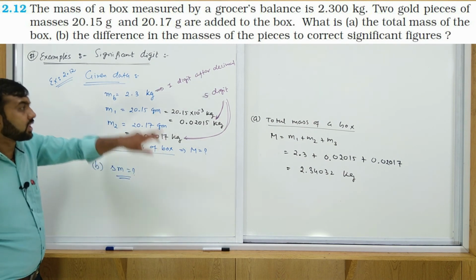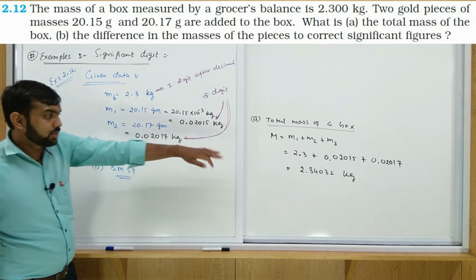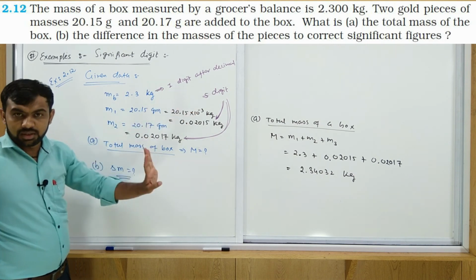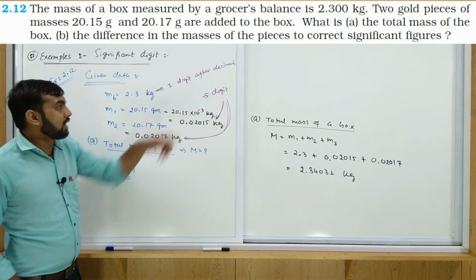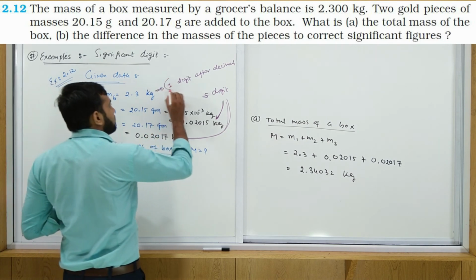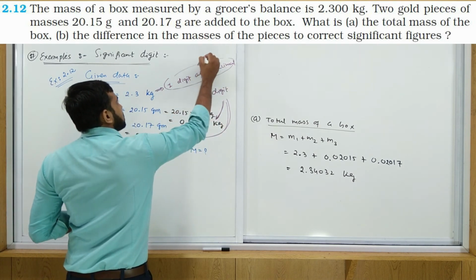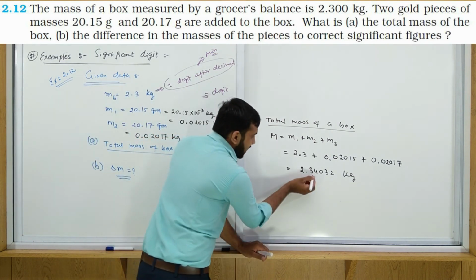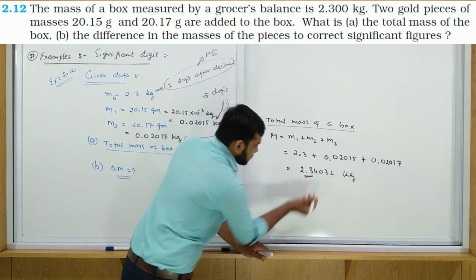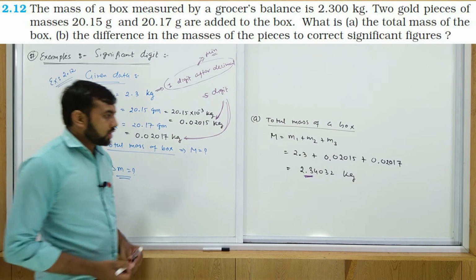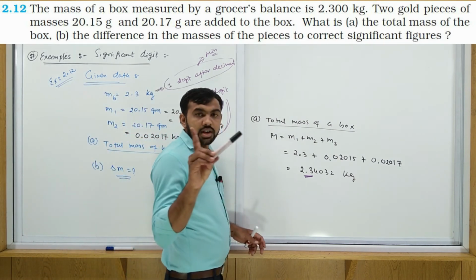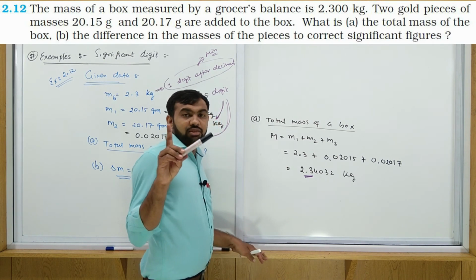So in the answer you must write the final result up to 1 digit after decimal, because it is minimum. So 1 digit means you write the answer up to this only. Then round off this number up to 1 digit after decimal.